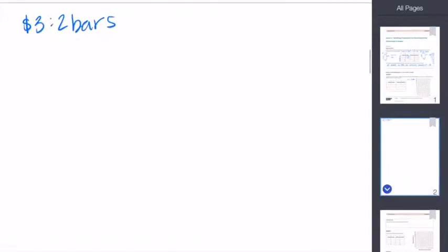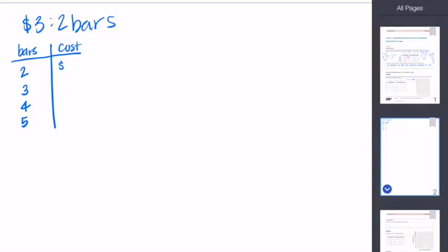Okay, so we need to set up our tables. We can use random numbers, but I like to use just the standard: 2 bars, 3 bars, 4 bars, and I see there are 3 spaces, so 5 bars.